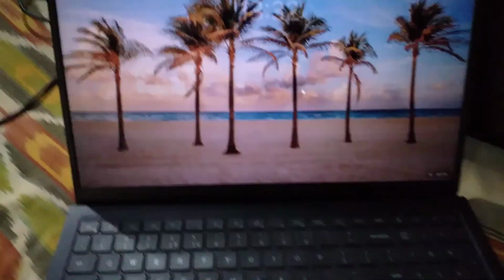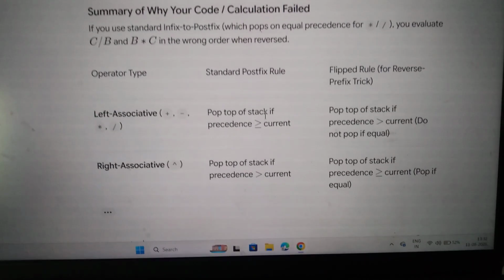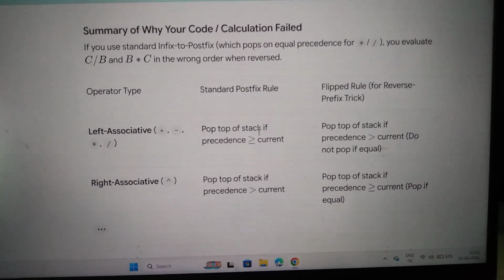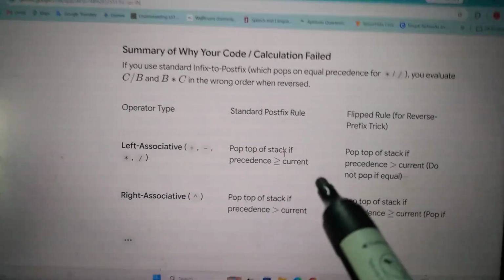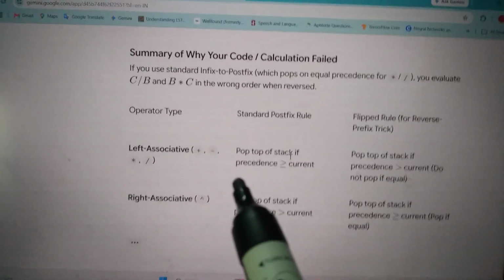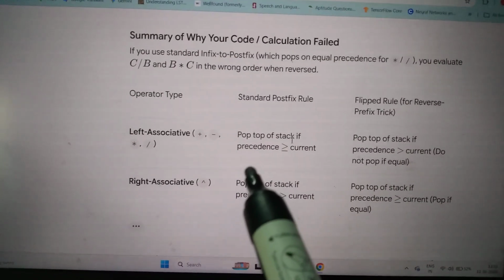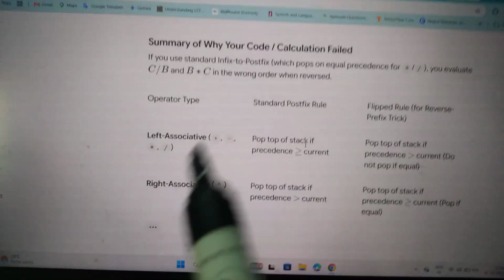Now this is the rule. I'll show you on the laptop as well. Always remember, in the normal postfix rule, the current operator must be less than or equal to the stack top for left associativity, and for right associativity only less than.